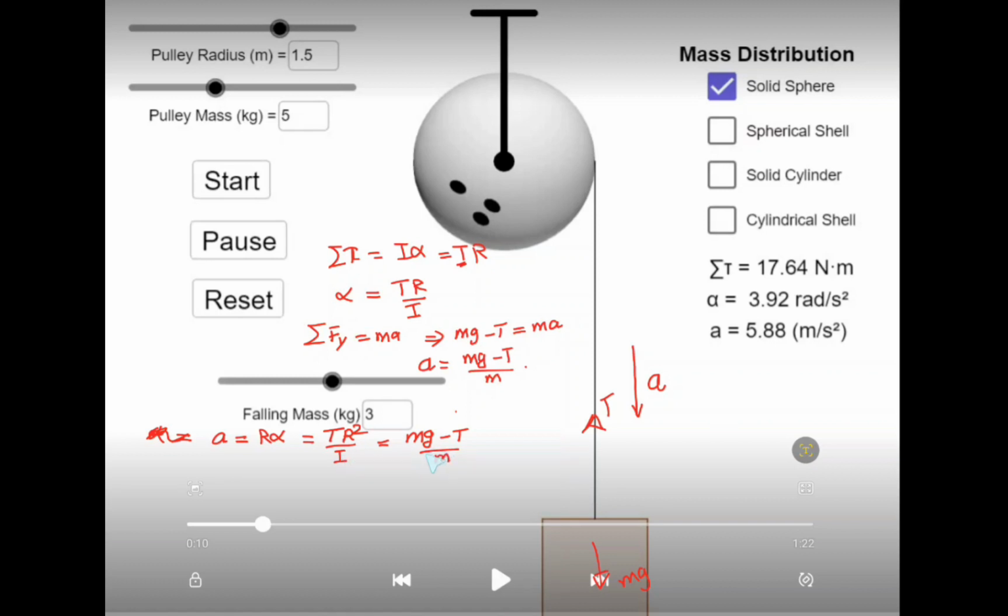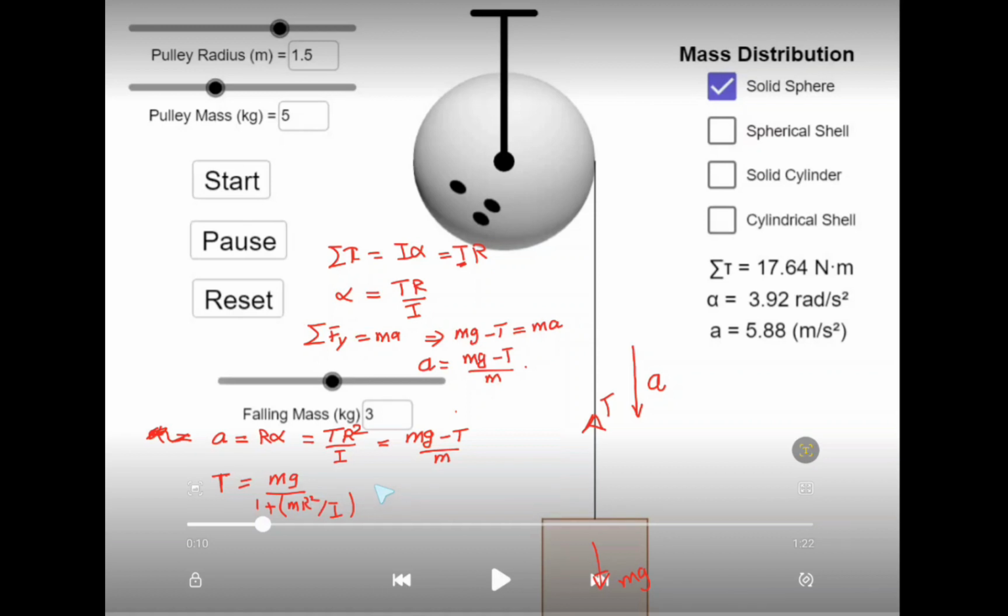You solve this one here, you will find that the tension equal to mg divided by 1 plus mr square divided by I. M in this case is the object mass, and R is the pulley radius.